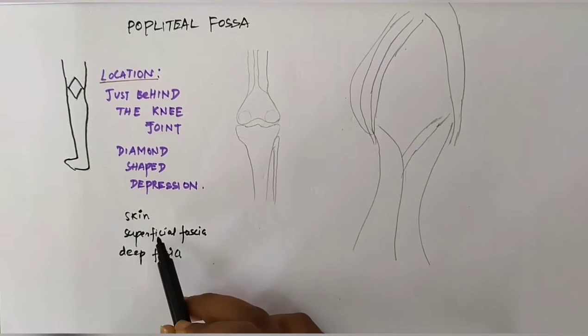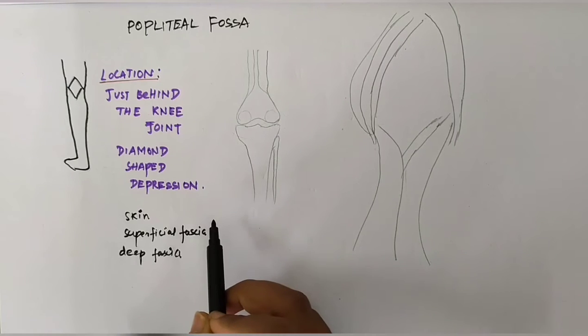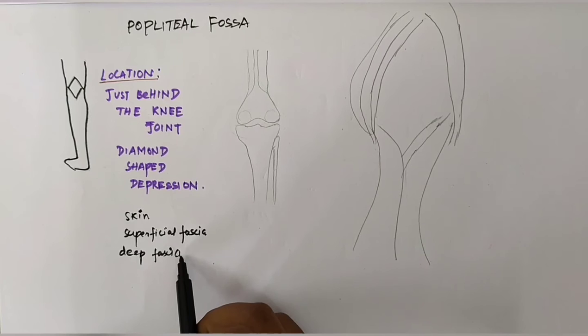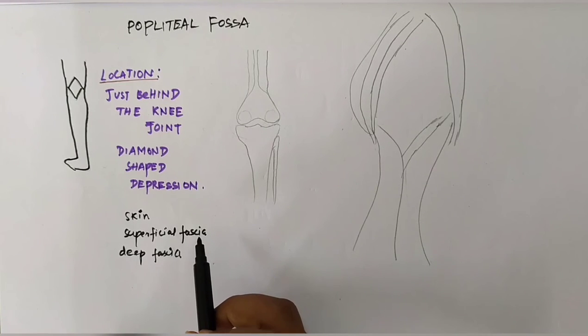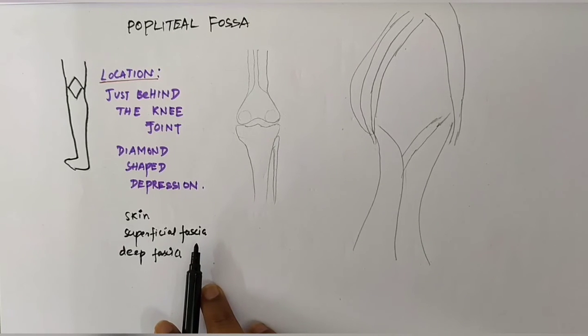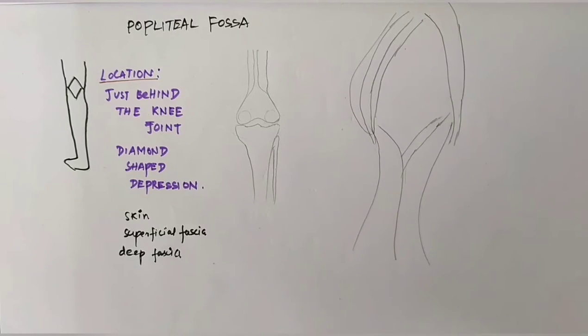Superficial fascia is nothing but the adipose layer, that is a fatty layer, and deep fascia is a fibrous layer. And in the superficial fascia we can see some nerves and veins.